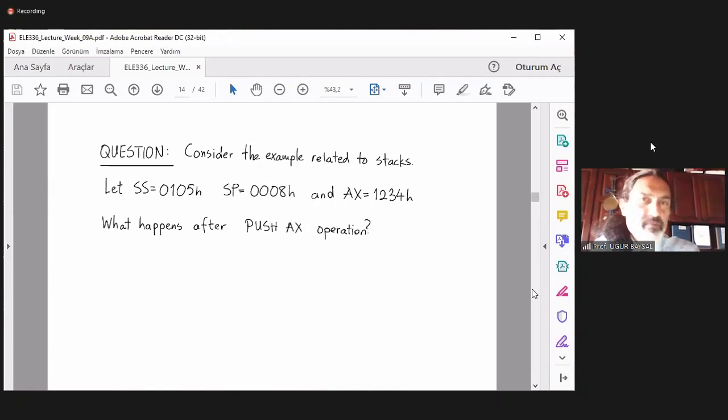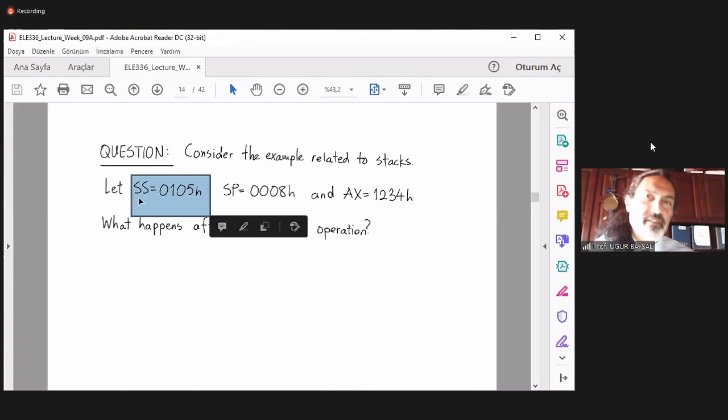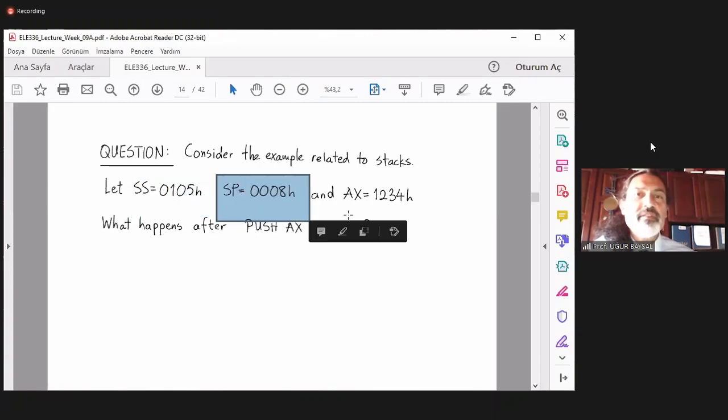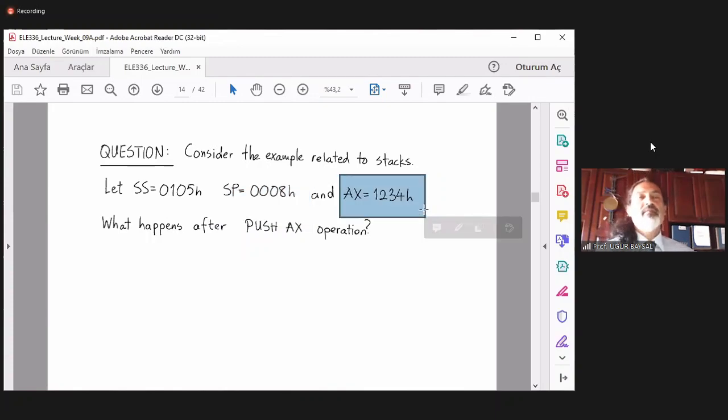Another example, specific to stacks. There are some values already stored on these segment registers, like the stack segment or stack pointer register, and our usual, most popular register AX, okay?